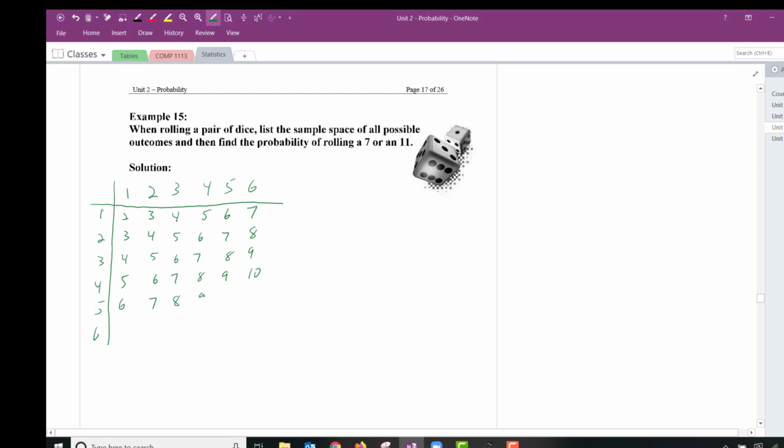It's a nice pattern to write out. It allows us to see the entire sample space. These are all the possible sums when rolling 2 dice.